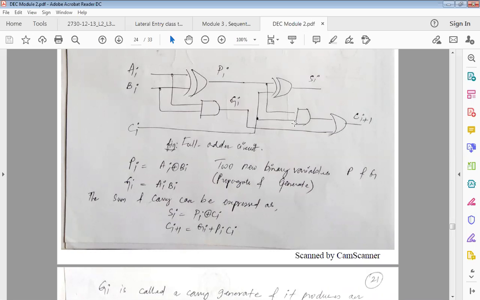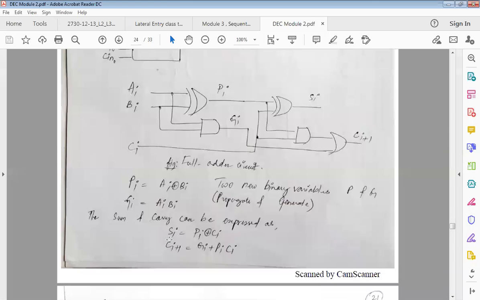So Pi, Ci is the value that I get here, and then Gi from this output of the first stage AND gate. All these are added together and I will get something called Ci plus 1, right? So why are we doing all this?